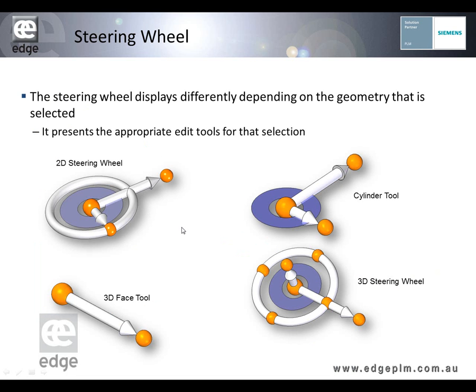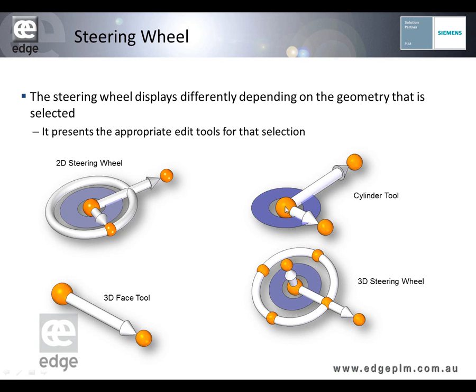Just looking at the various aspects of the steering wheel, and you'll see this presented in different ways. Now, be aware that depending on what geometry you select at what time, you'll get a different look to the steering wheel. We've got our 2D steering wheel here, which you can use in sketch mode. We've got a 3D face tool, so when we select a face, that's what we're going to get.